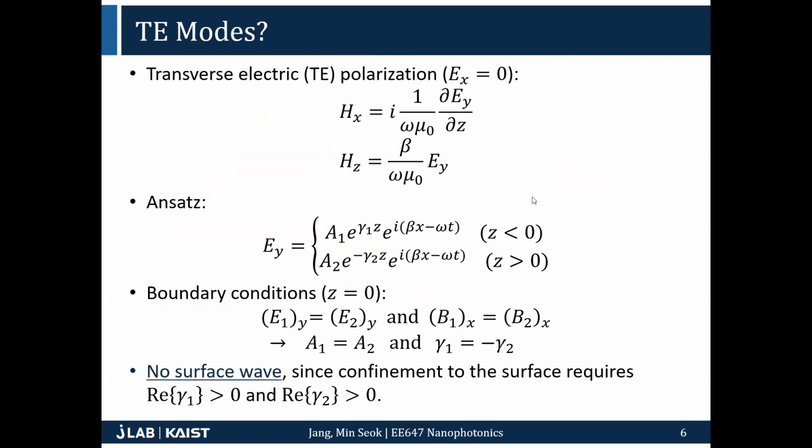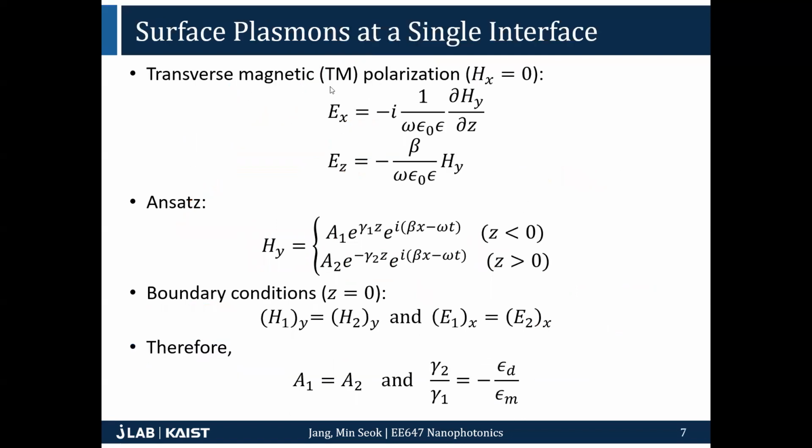And similarly, if you go to the TM polarization, we use a different set of equations. Now H has only a Y component, and then EX and EZ can be obtained by these equations. Same ansatz. An ansatz is just kind of a trial solution.